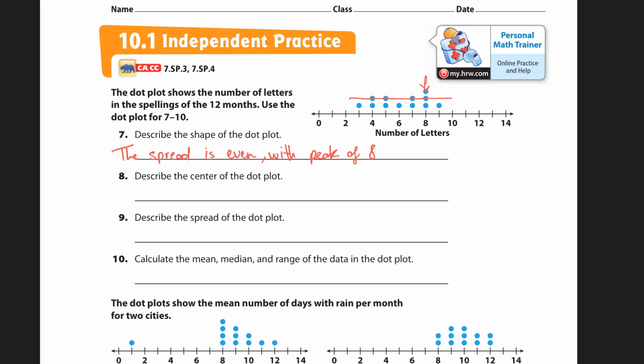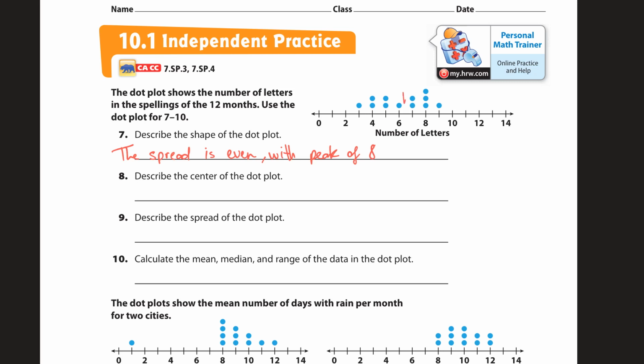What's the center? Well, when we look at center, we're thinking about the word median, which is right in the middle. I'm going to erase this here. So the median should be between 6 and 7.